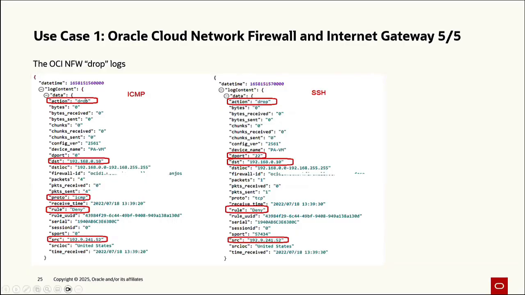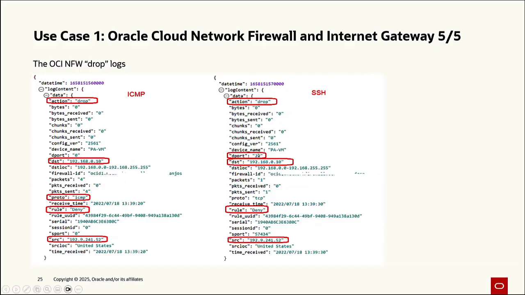Right. We have here the action drop on both scenarios, ICMP and SSH. We have the same destination because our target is the same virtual machine, but the source is the same, together with our protocol ICMP here and destination port 22 here.